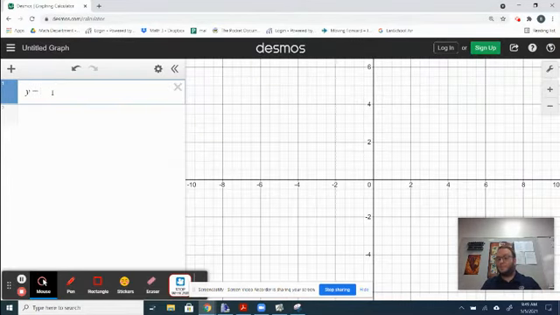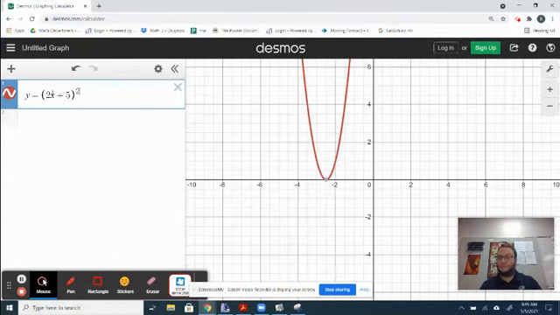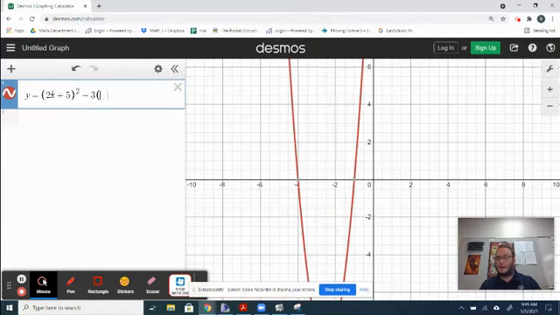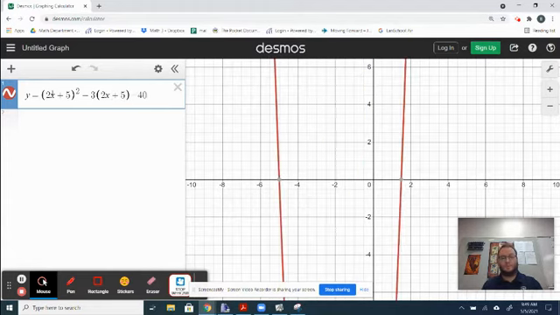So I'm going to say y is equal to, okay, and I'm just replacing 0 with y, (2x plus 5) quantity squared minus (2x plus 5), okay, minus 40.